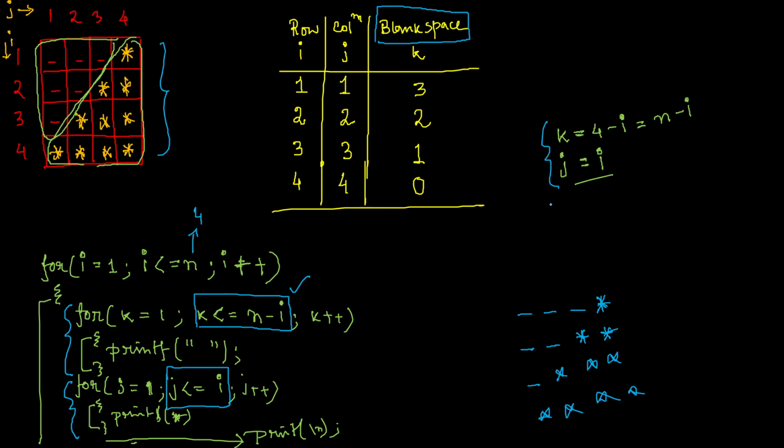If you use this very generic approach, the programming for the various patterns where star is there, blank space is there, or any combination of star and blank space is there, will be very easy for you to write the code.